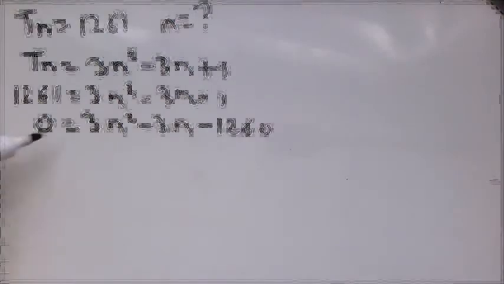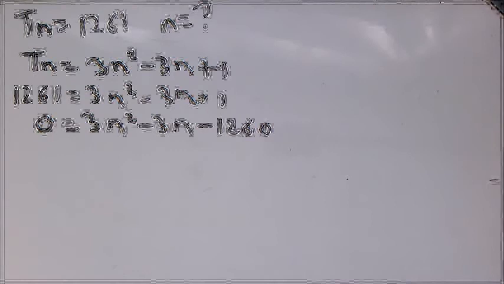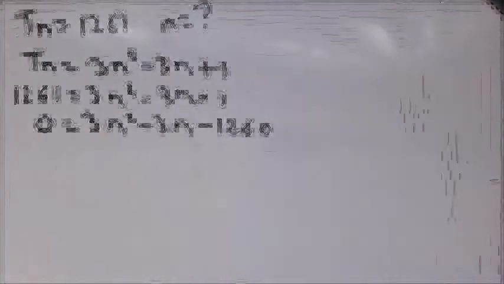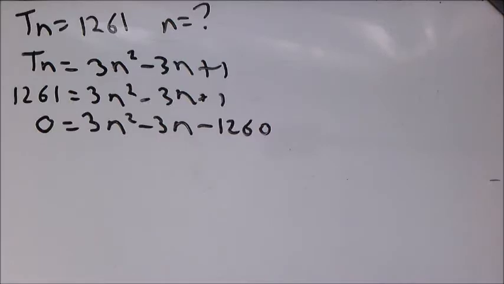Okay, we've got a 0 there, that means we can factorize. So if you can factorize this one, go for it, no problem. But normally with a number this big, it would be safe to rather do your quadratic formula, right? So hopefully you still remember that one.